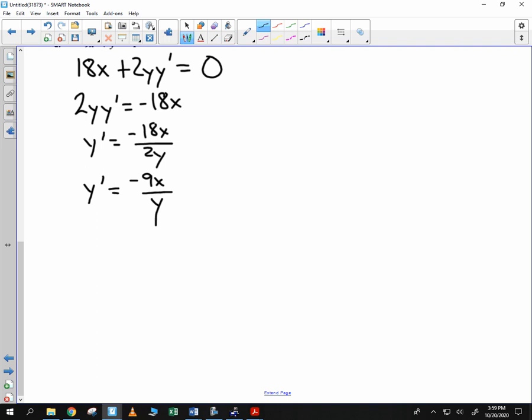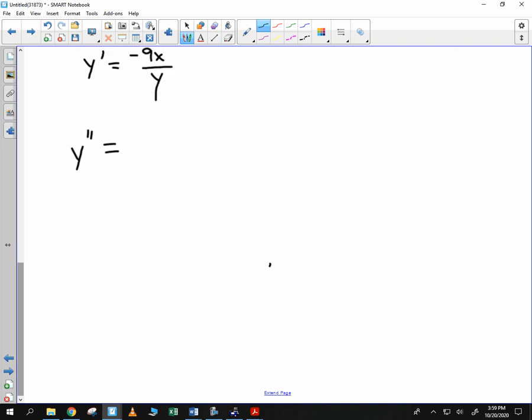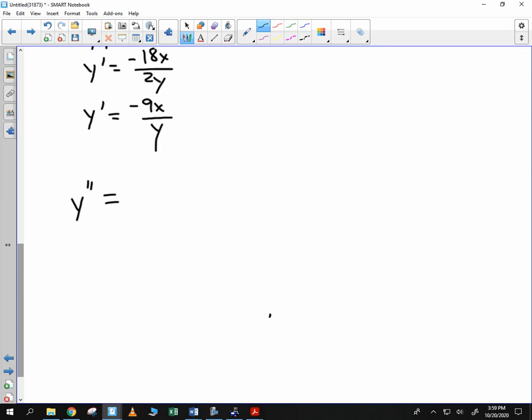What I would like to do now is find y double prime. Notice as I find y double prime, I have the quotient rule. I start with the derivative of the top, -9, times the bottom, y, minus the top.